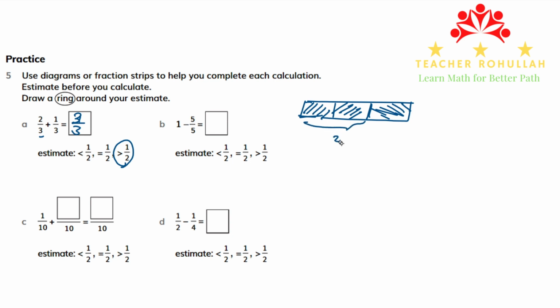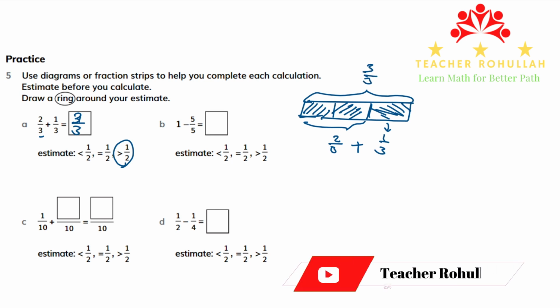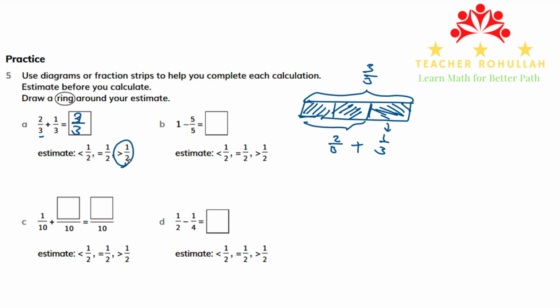If we add together, all of them will give us 3/3, which is more than 1/2. Why? Because 3/3 is equal to 1. We see that 3/3 is showing the whole of something, or the whole number, or the whole diagram.